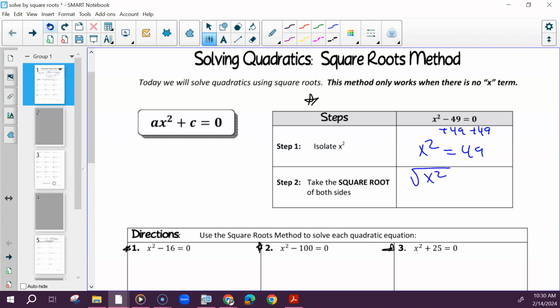Now, the difference here is normally you take the square root, you get one number, a positive number. But because our quadratics are going to measure zeros, we'll talk about that later, there's a positive and usually a negative version of the same thing. So when you do this, it's going to be not only this positive 7, but also negative 7.